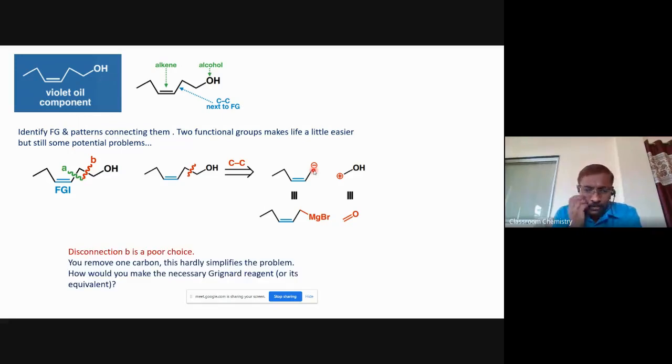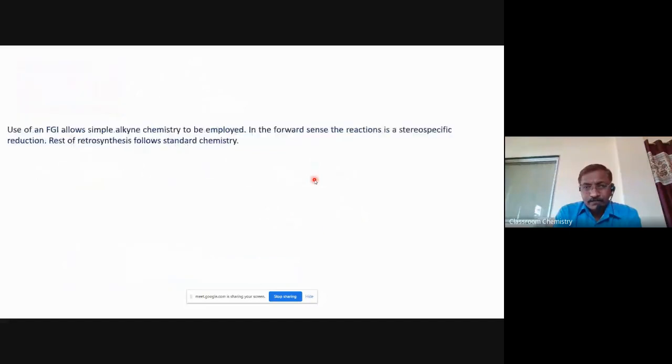But it is very difficult to arrange such a situation, because we have to prepare the Grignard reagent here at the allylic position. So we have to check whether there is any simpler disconnection approach.